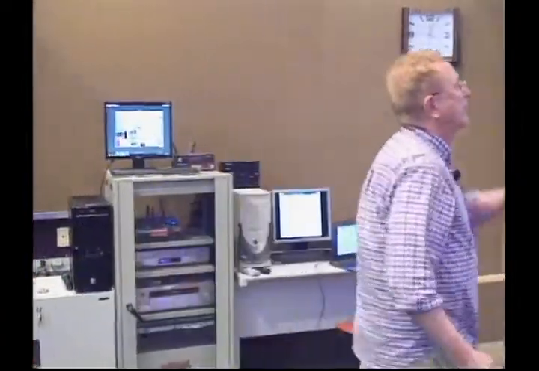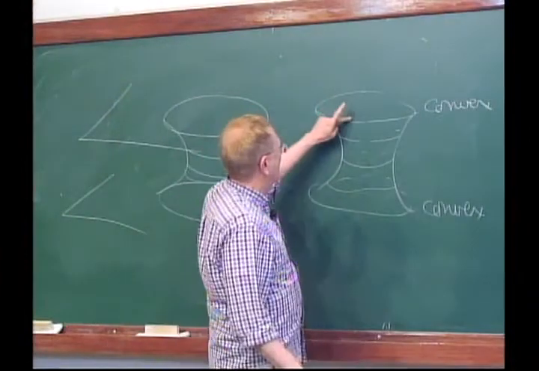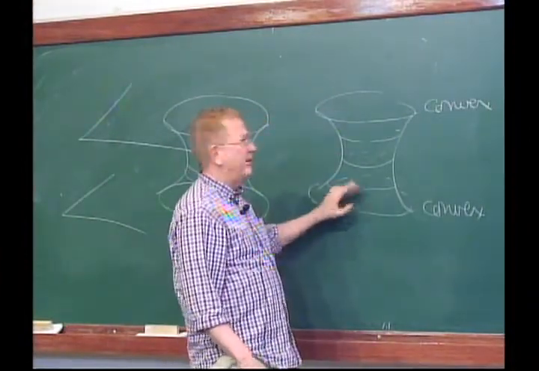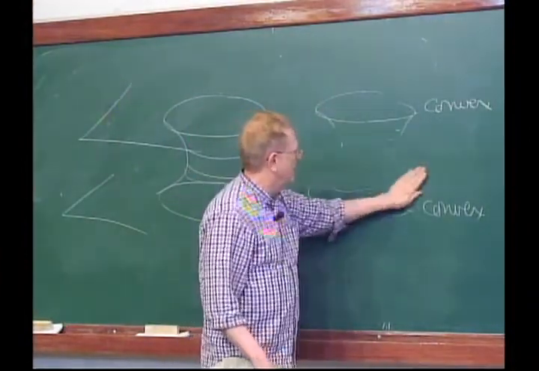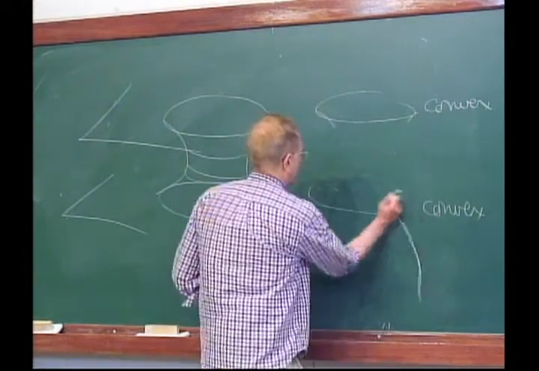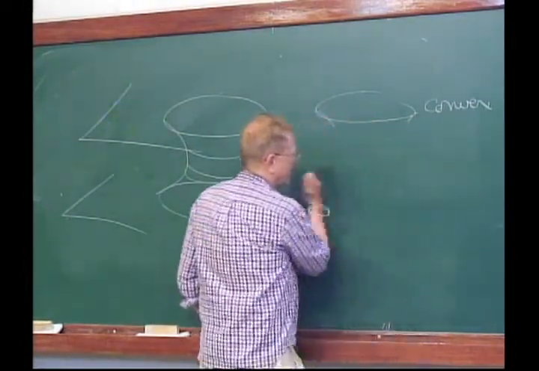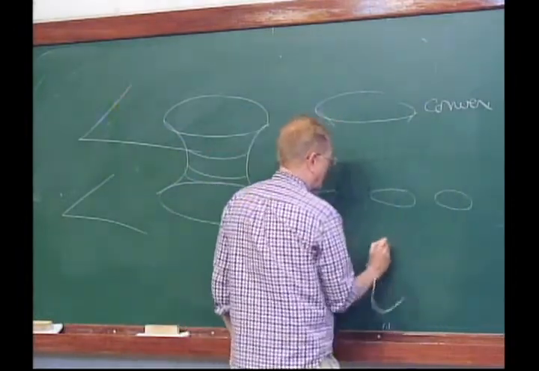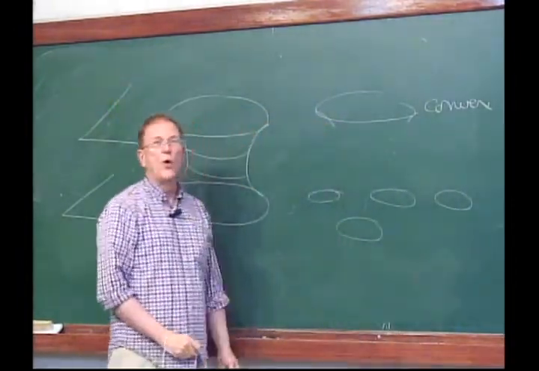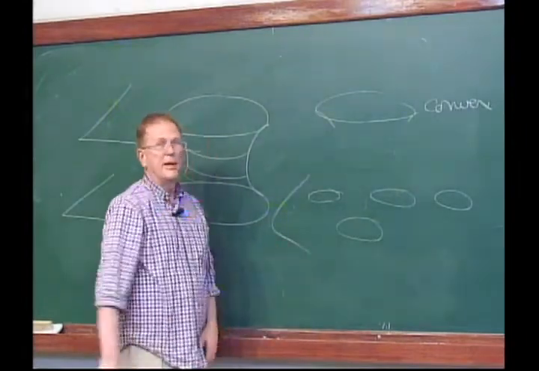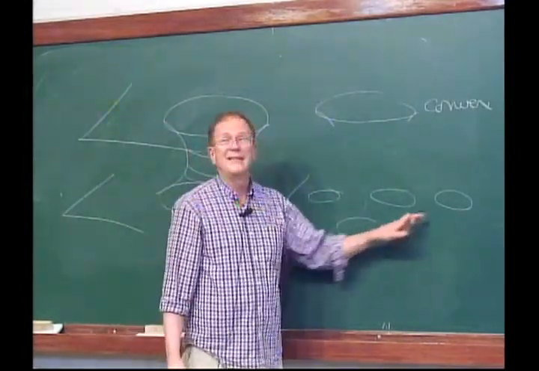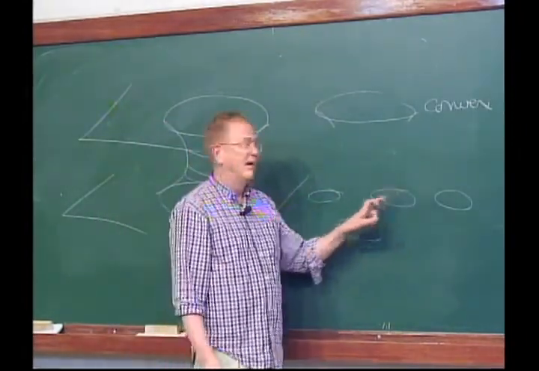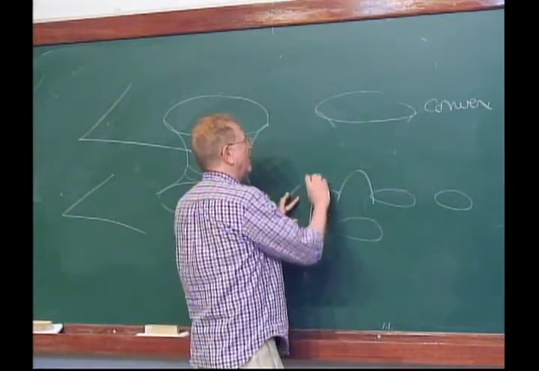So first case, and the conjecture was a Jordan curve here and a Jordan curve here. Now I'm going to make it a little bit more complicated. I also want convex curves here, but maybe I can have more of them, a whole bunch of them in this plane, but I want them not to be inside of each other. Then the claim is, again, you have to have genus 0.